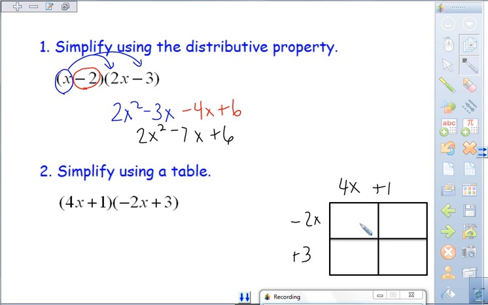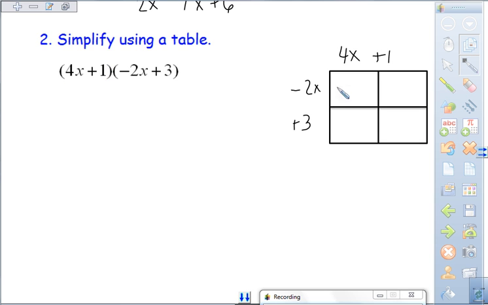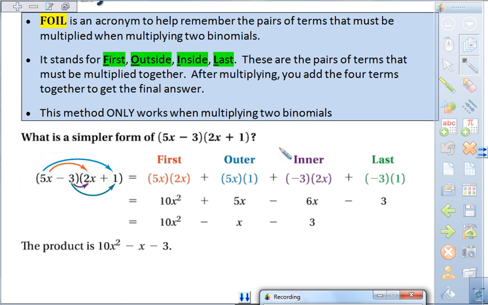So let me practice using the table model. So I get negative 8x squared plus 10x plus 3. On the next slide, we talk about what FOILing means. FOIL is an acronym that will help us remember the pairs of terms that must be multiplied.